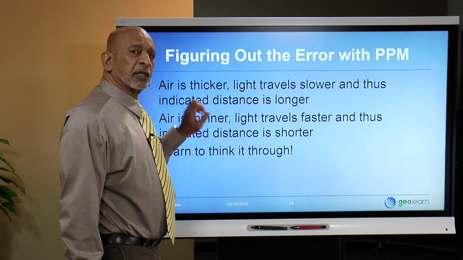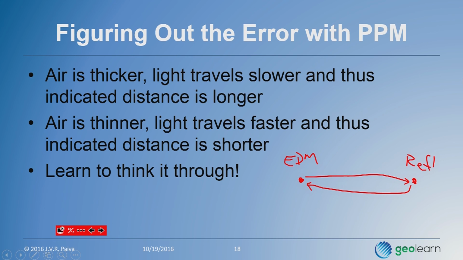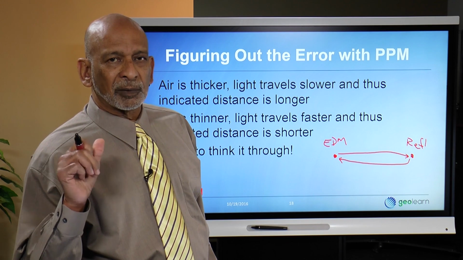If the air is thicker, the light travels through the atmosphere slower. And when the light travels through the atmosphere slower, the indicated distance is longer, the measured value is longer. So the way to think about it is, let's say we have a time of flight EDM. So there's the EDM, there's the reflector, and of course the light goes out, bounces and comes back. If it's a time of flight EDM, it's measuring how long it takes the pulse to go out and come back.